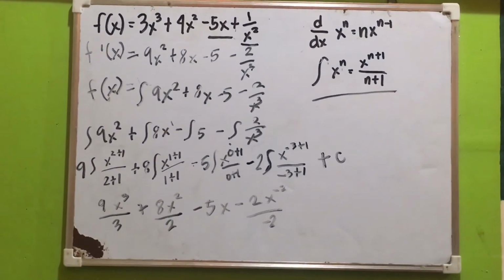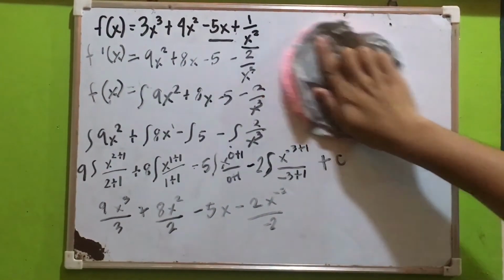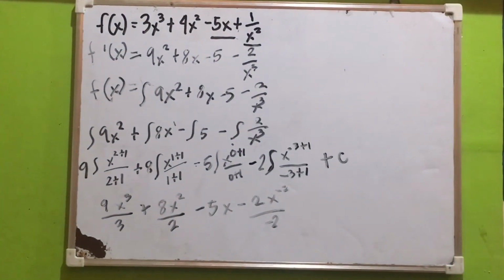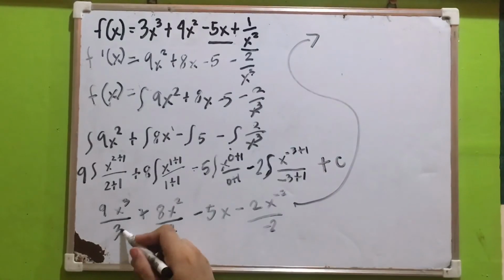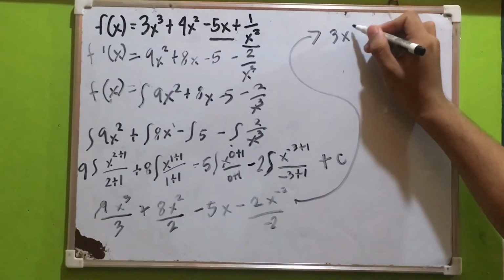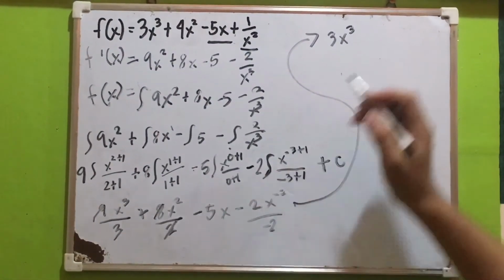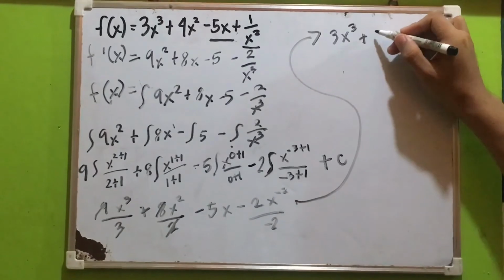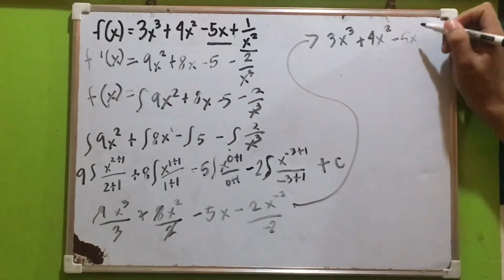Then to simplify everything up, cancel this out, that's 3x cubed. Then we can also cancel this one out. That's 4x squared minus 5x.